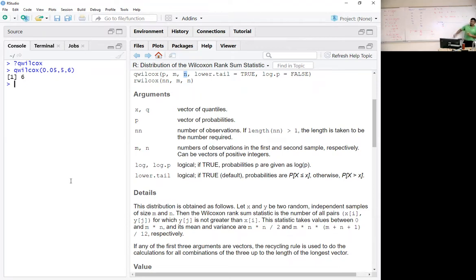What is our test statistic? Don't use W. W is 40, right? We have to use U prime, because everything that R is doing is with respect to U prime. So 6. Our test statistic 8. Should we reject the null?